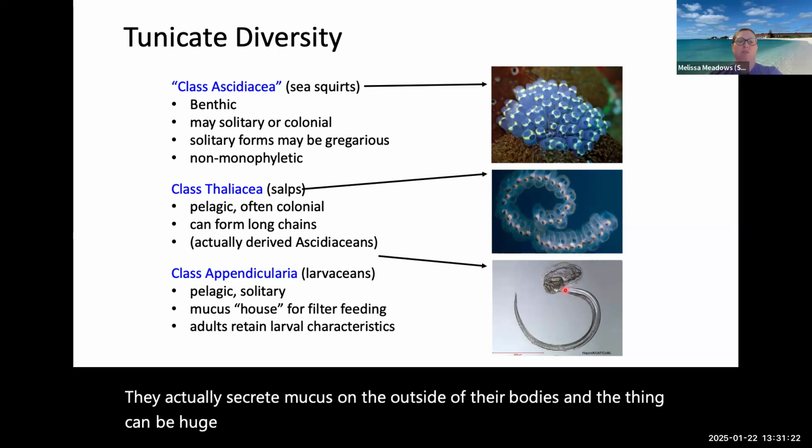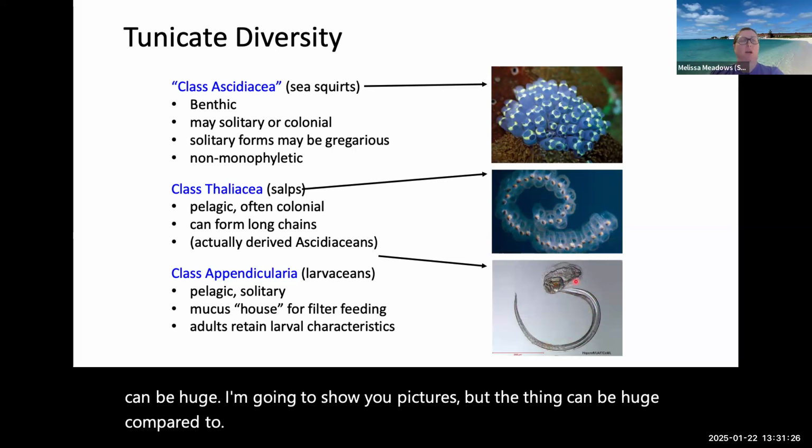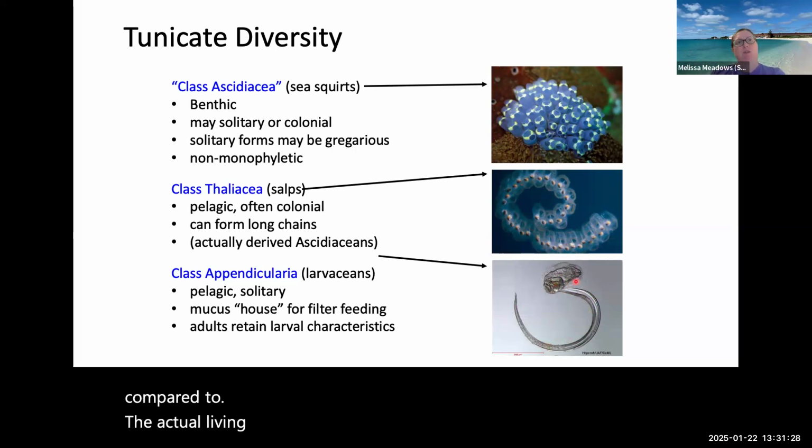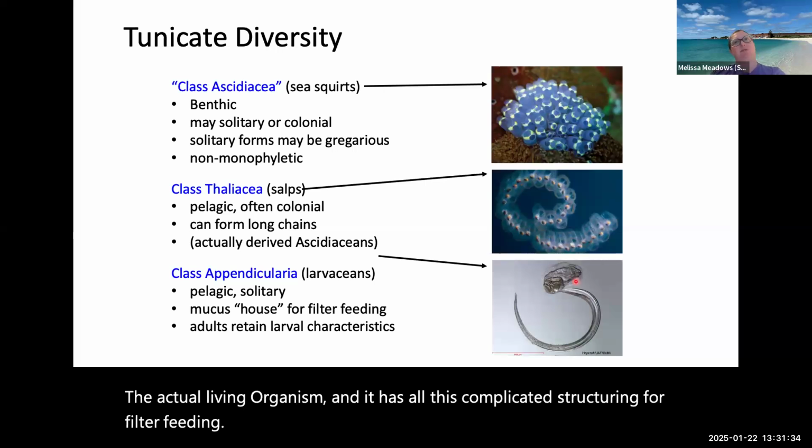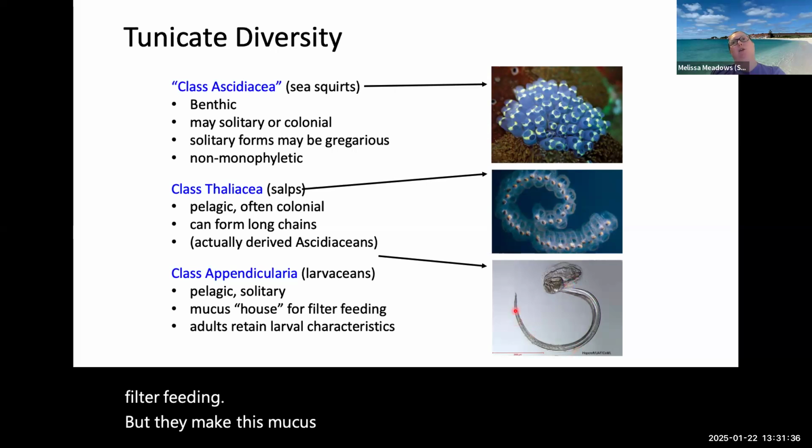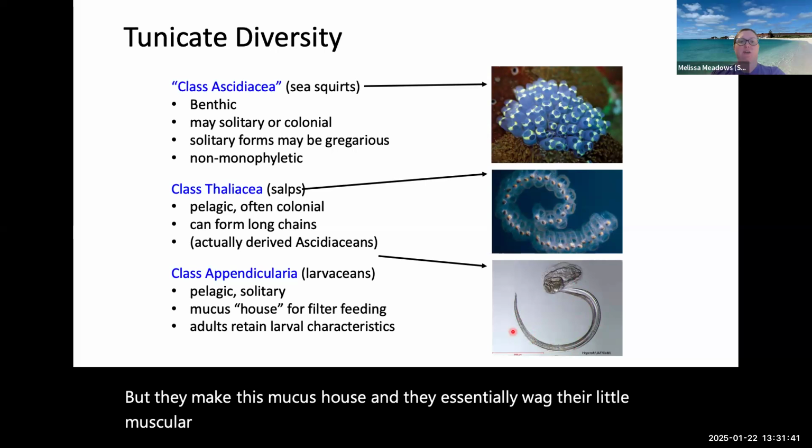I'm going to show you pictures, but it can be huge compared to the actual living organism. And it has all this complicated structuring for filter feeding. They make this mucus house, and they essentially wag their little muscular tail inside of there to generate a water current.